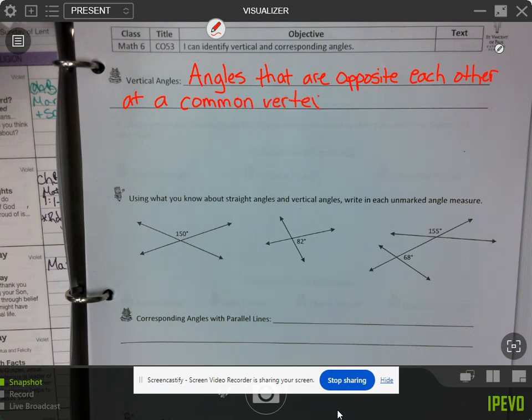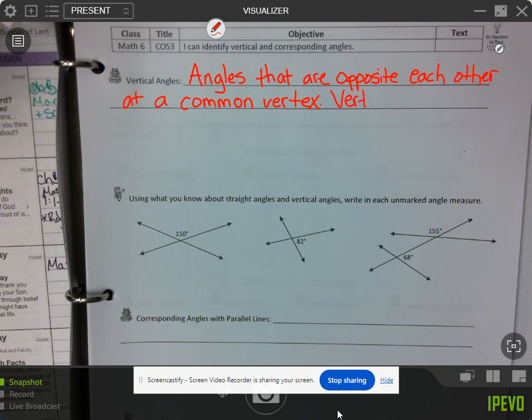Who remembers what the vertex is? That was a vocab word from our first objective of this unit. What is the vertex? So if they're opposite each other at a common vertex, what is the vertex, Zelda? A place where the two sides of the angle meet. So they share a common vertex.